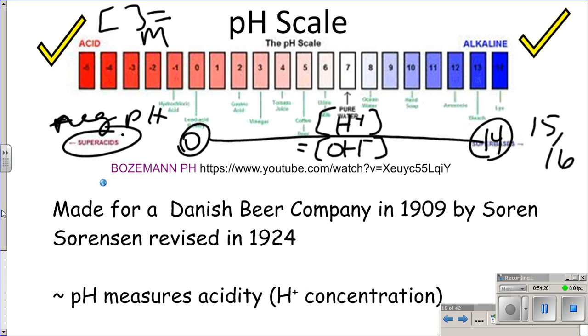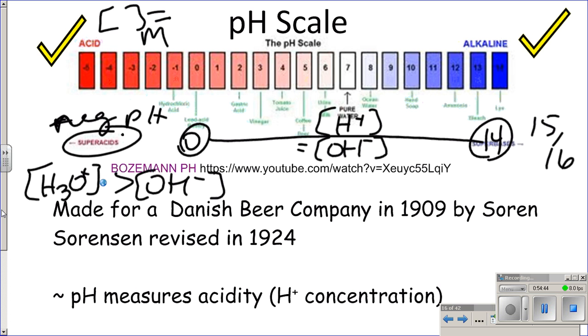So you tell me, what's greater on the acidic side? Hydronium or hydroxide? If it's an acid. Which one do you associate? So you're saying hydronium is greater than hydroxide on the acidic side of the pH scale.